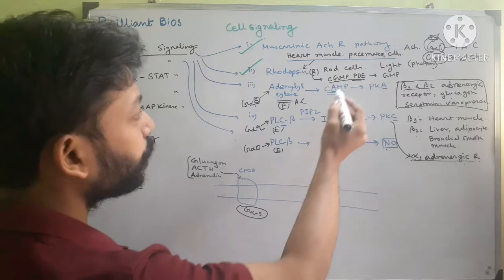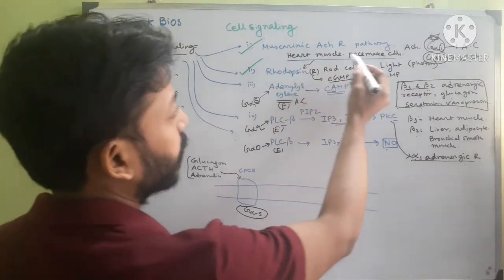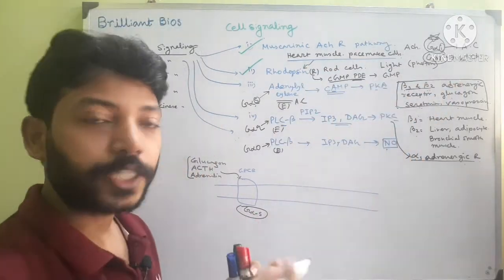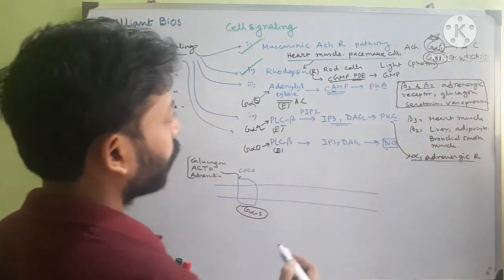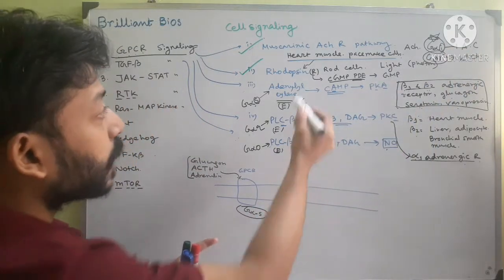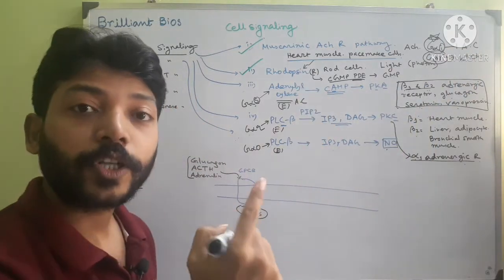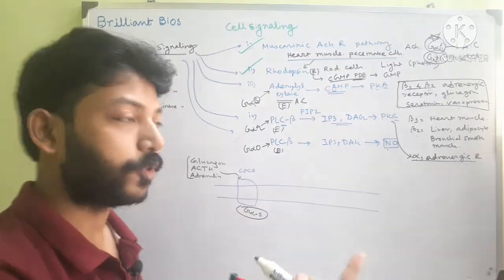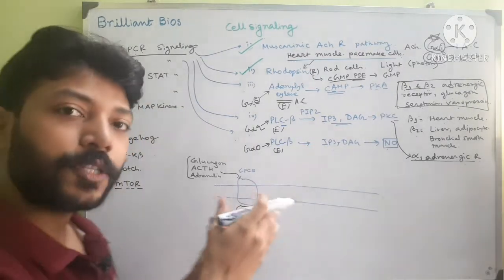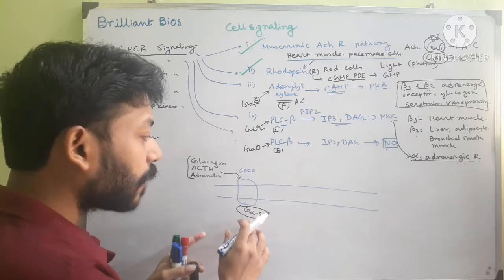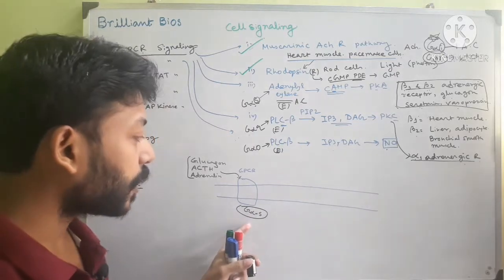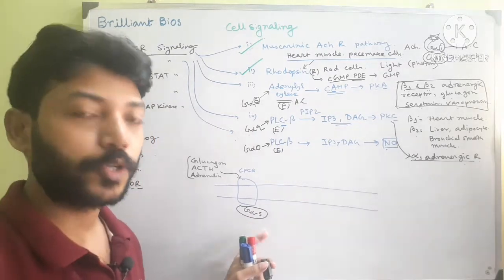I have mentioned here that in the case of muscarinic acetylcholine receptor, the G-alpha protein is inhibitory, I. And in the case of rhodopsin, the G-alpha protein is called G-alpha T, T for transducin. So in each and every GPCR pathway, the G-alpha protein is different. Here the G-alpha protein is S, S means stimulatory.